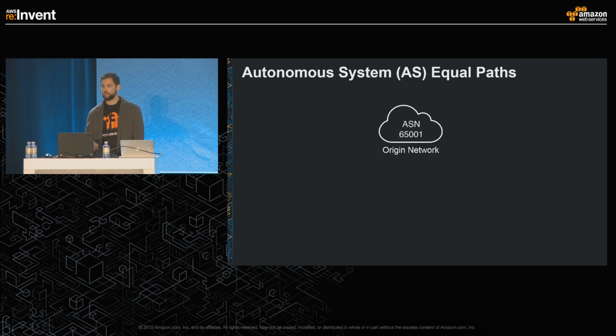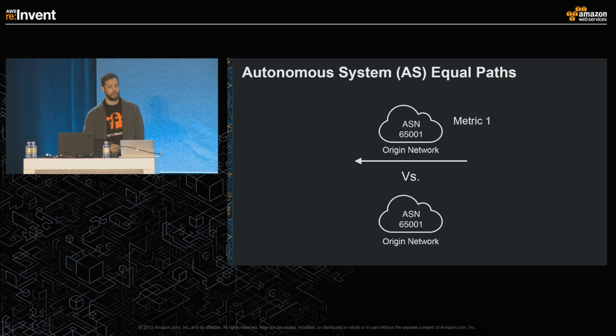The route that we're advertising to the VGW, to AWS, has a single ASN because we're not doing AS path prepending with our active-active. Then our other path also has one AS path because it's coming from the same ASN. They'd both be preferred, and we'd split the traffic 50-50.